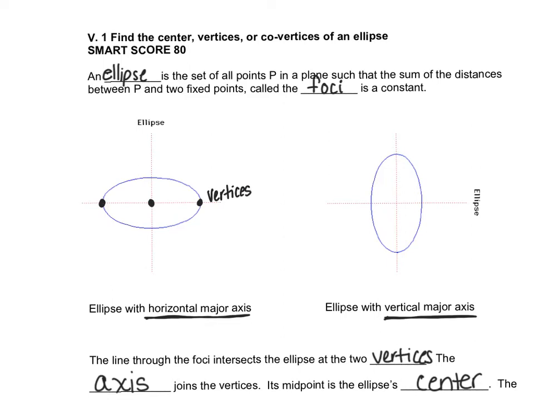This is a vertex, singular, and this is a vertex right here. The covertices lie on the minor axis. So this right here is a covertex, and this here is also a covertex.